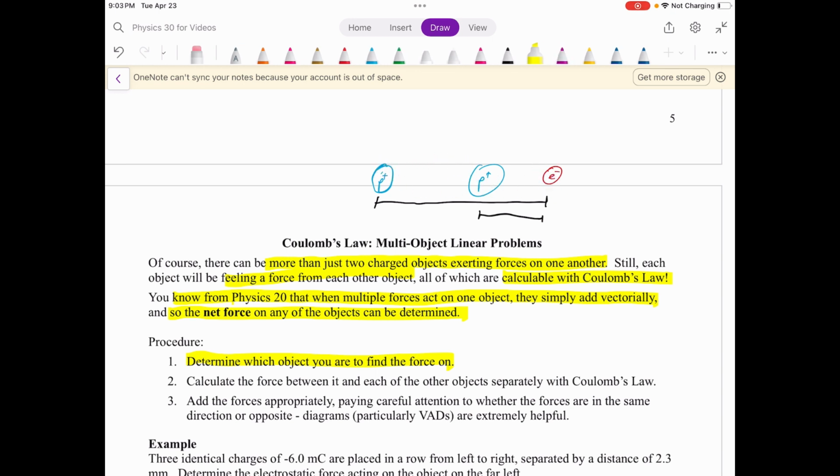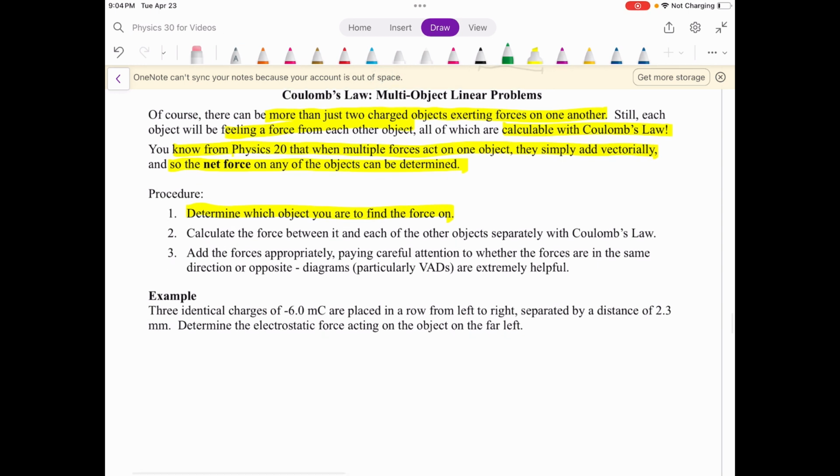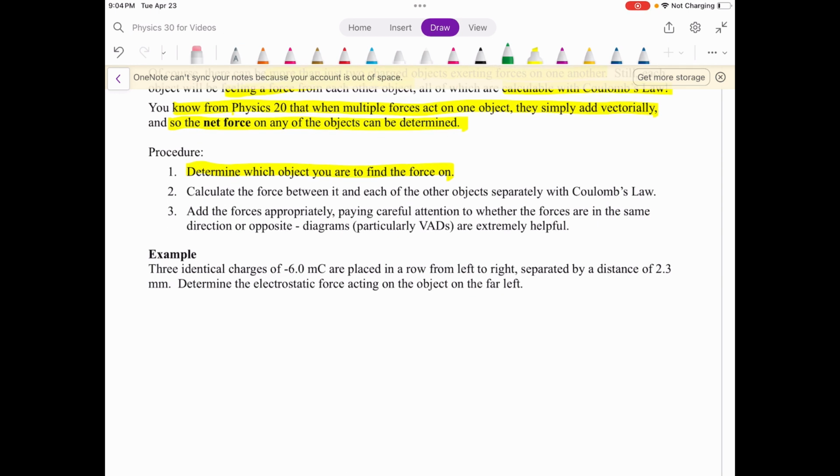So it's very important to first determine which charge you're actually being asked to think about. It would even be different for this one. Again, it would be pushed to the right by this proton and pulled to the right by this electron. So it depends on which charge's perspective you're looking at it from. Always make sure you figure out which object you're trying to find the force on. And then just Coulomb's law it.